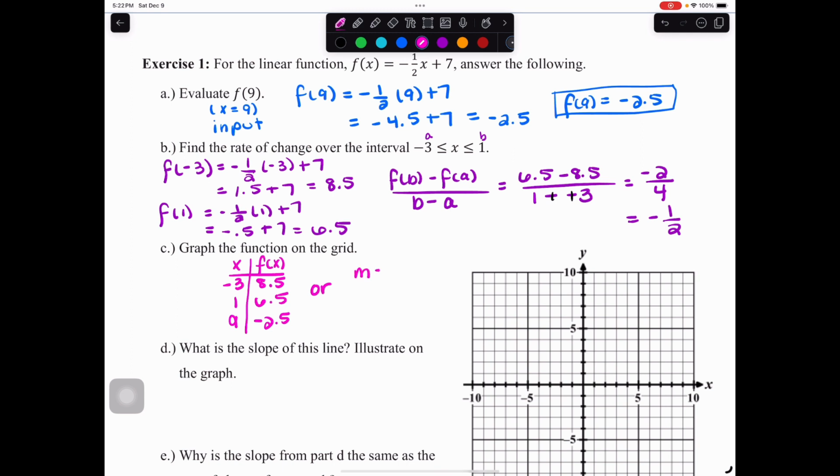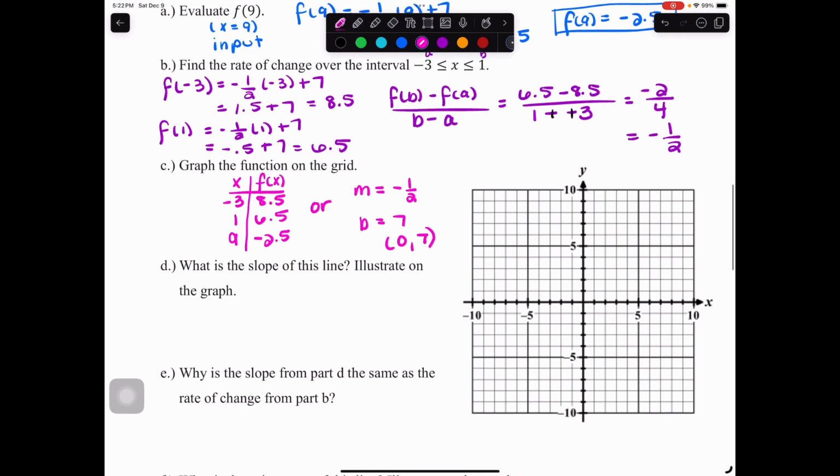We can also just use the slope and the y-intercept. If we look at the equation, it's in mx plus b form. Your slope is negative 1/2, and your y-intercept is 7, which means you're starting at 0, 7. So when I go over to the graph, you always start with your y-intercept. We're going to plot 0, 7.